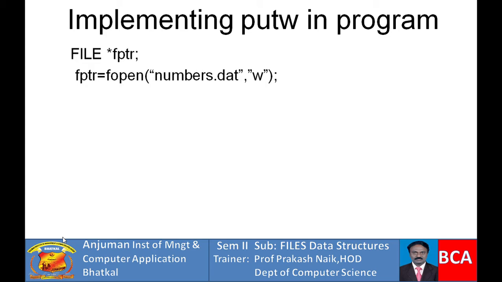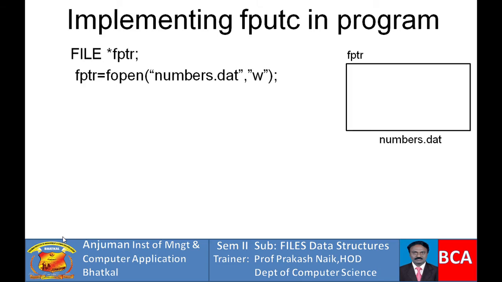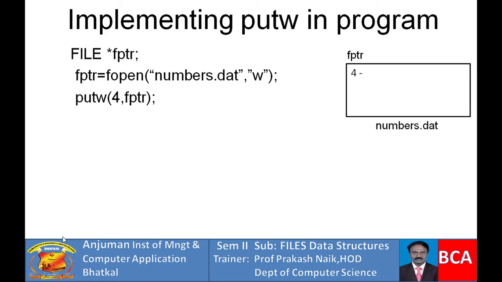Okay, now see the example. Implementing putw, FILE star fptr. File pointer has been created. fptr is equal to fopen numbers.dat comma w. A new file called numbers.dat is created and stored in this manner. It's clear now? So next instruction is putw 4 comma fptr. This means the number 4 is added to the file numbers.dat, which was associated with fptr.